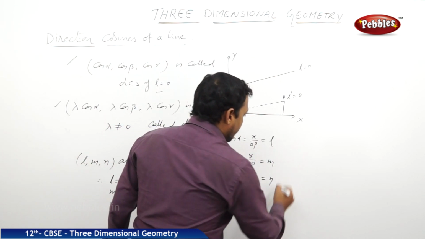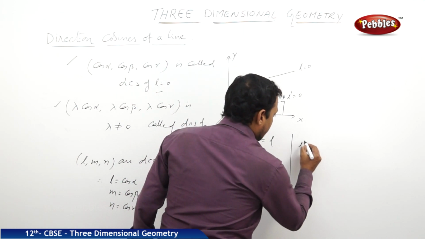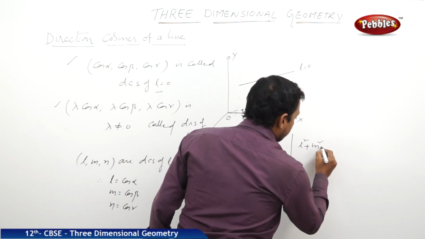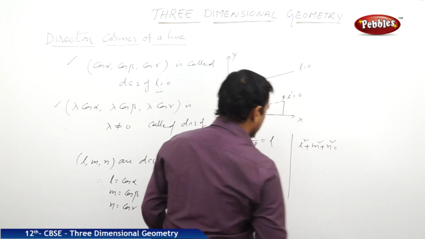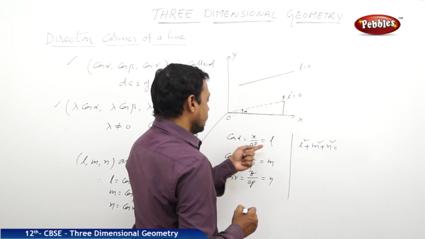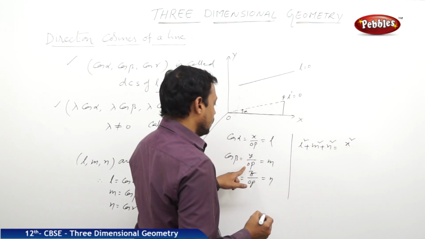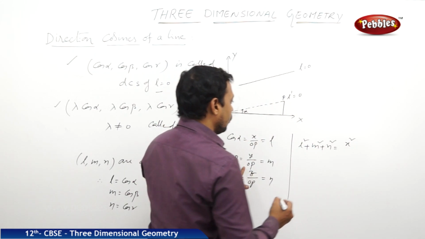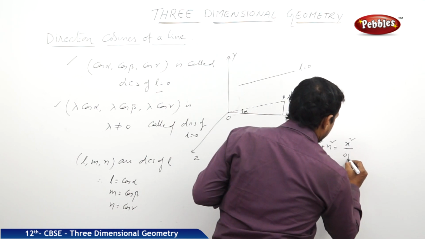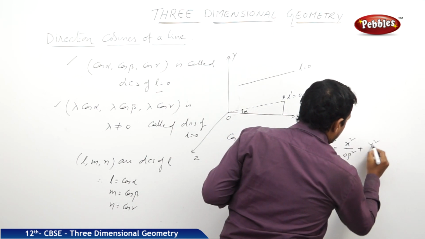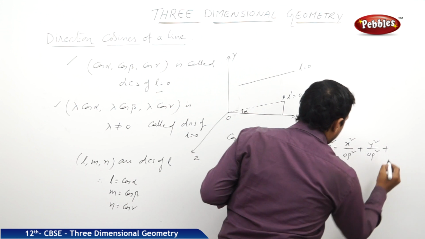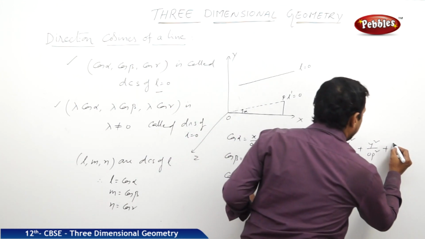Now, squaring and adding all these three quantities, what happens? l square is equal to x square by OP square, m square is y square by OP square, and n square is equal to z square by OP square.